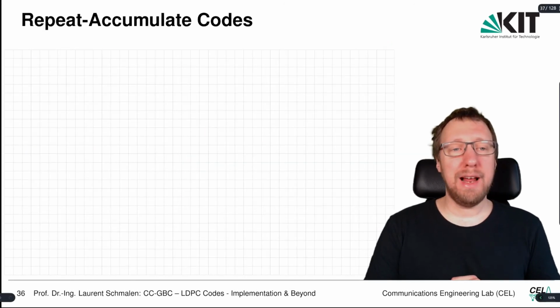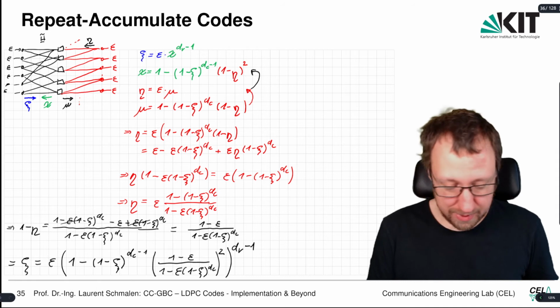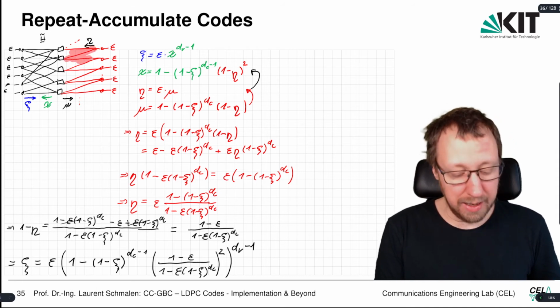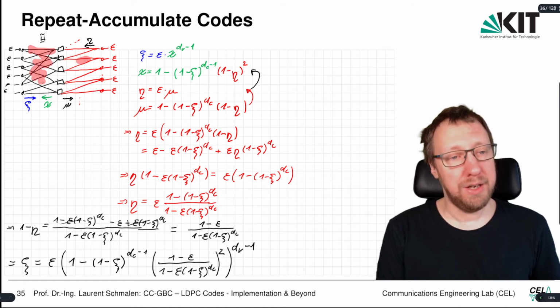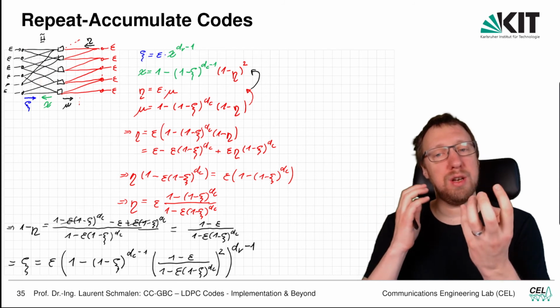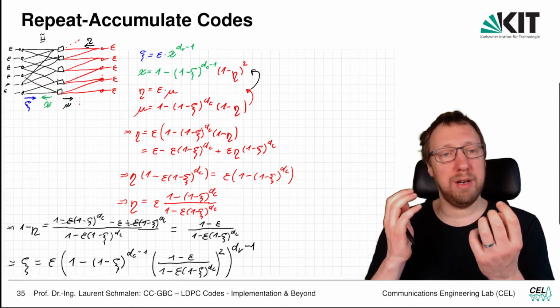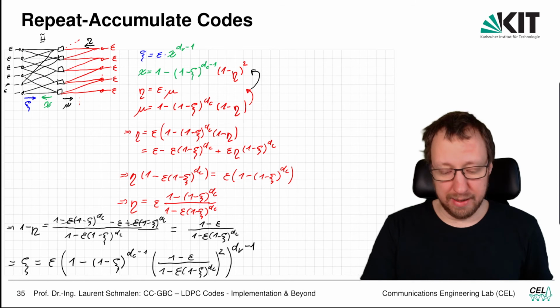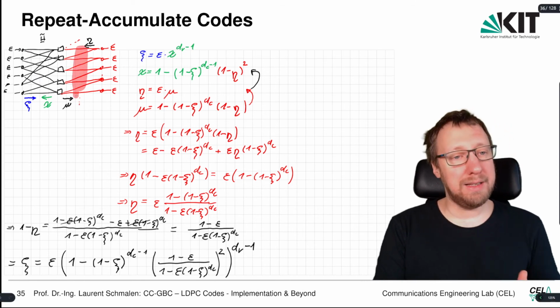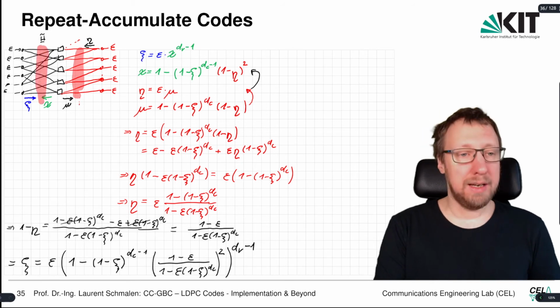If we go back to the analysis, the messages that are being passed over one class of edges behave differently. So we have essentially two types of edges that each behave a little bit differently, and that means that these types of edges need to be analyzed in a different way than these types of edges.